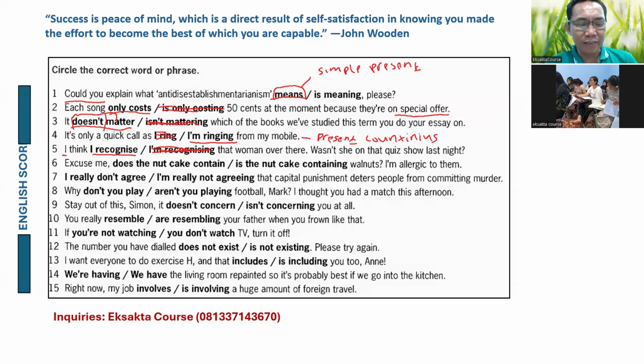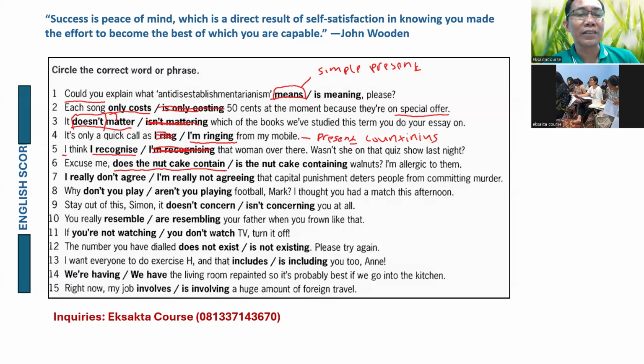Number six is about a negative sentence. "Excuse me, does the nut cake contain, is the nut cake containing walnuts? I am allergic to them." Here use "does the nut cake contain." Why use does? Because nut is singular.